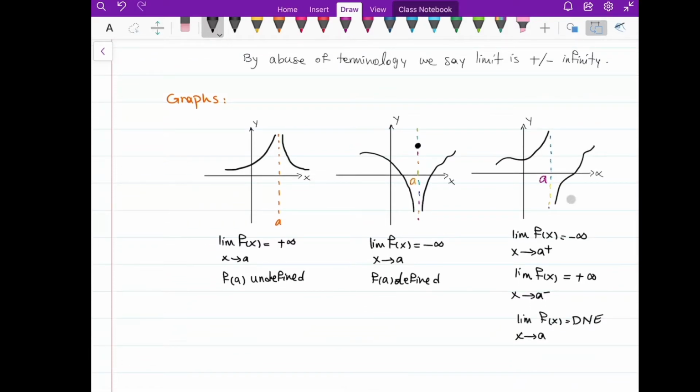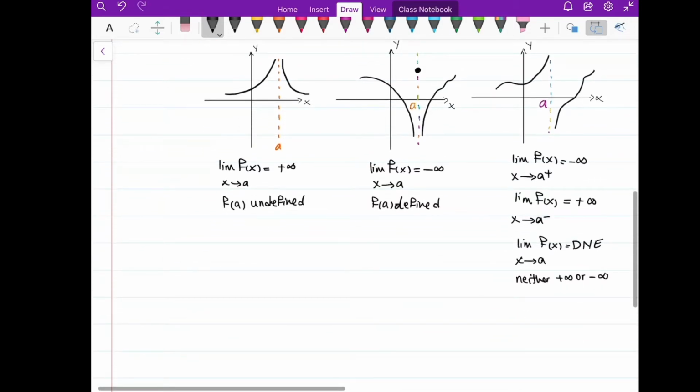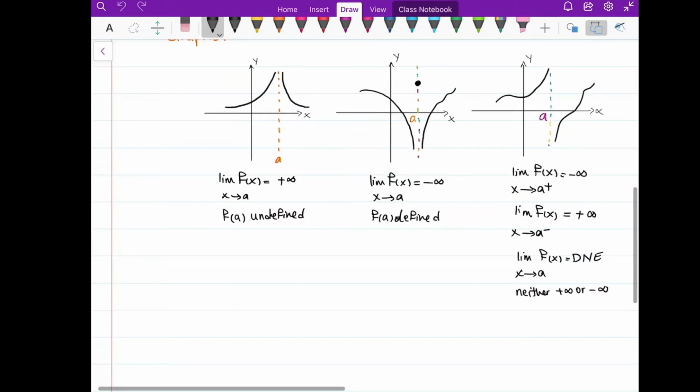And it's neither positive infinity nor negative infinity. We cannot specify because right and left are not equal to each other. Okay, let me give you a remark.